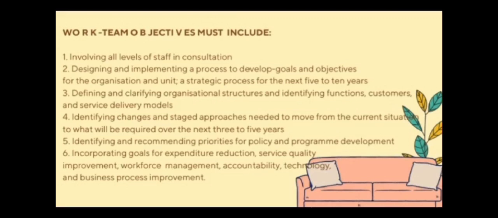Identifying changes in stage approaches needed to move from the current situation to what will be required over the next 3 to 5 years. Identifying and recommending priorities for policy and program development. Incorporating goals for expenditure reduction, service quality improvement, workforce management, accountability, technology, and business process improvement.